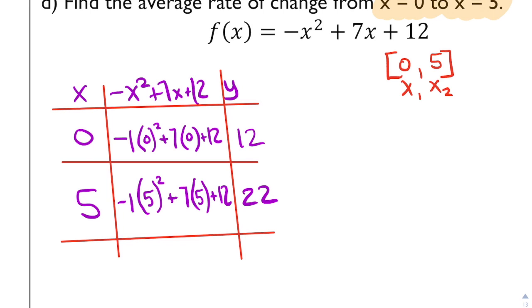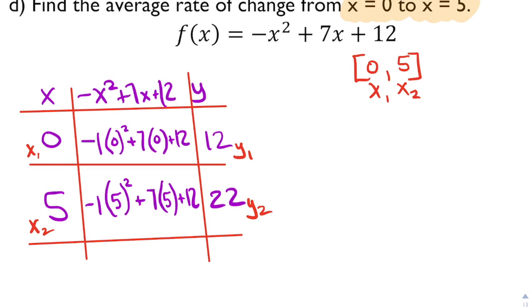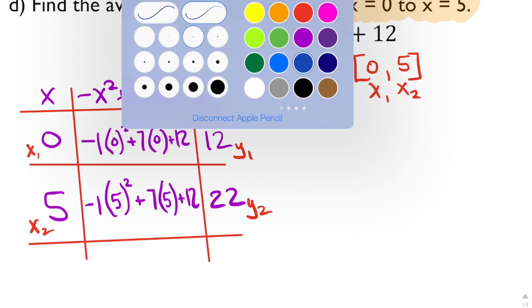And we can come down into our table and just label those x1, x2, y1, y2. So not a bad idea to label those. It just makes it easier when you go to plug them in to make sure that you're kind of on the right track, not grabbing the wrong numbers.